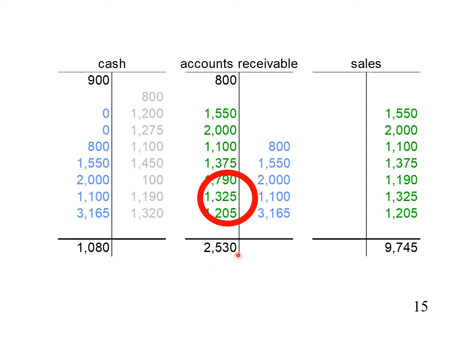So auditing accounts receivable requires far fewer transactions or accounts to audit than sales would. This is not easy, but relative to sales, it's easier to audit accounts receivable.